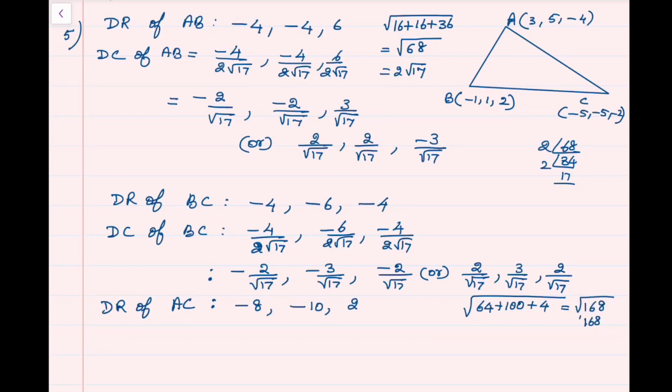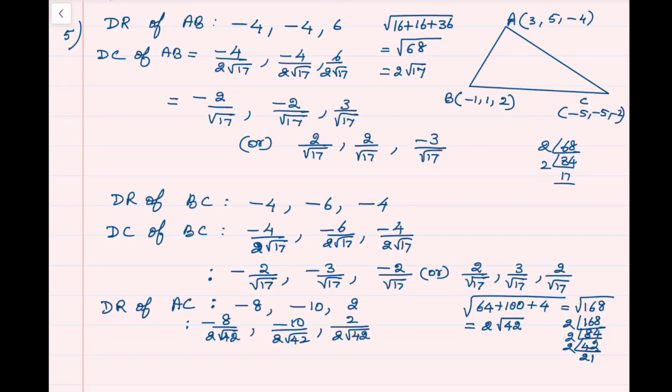Let us do prime factorization of 168. 2 4s are 8... 2, 42, again 2, 21, 3 and 7. Therefore, this is 2 times root of 42. Let us divide. Minus 8 divided by 2 root 42, minus 10 divided by 2 root 42, and 2 divided by 2 root 42.